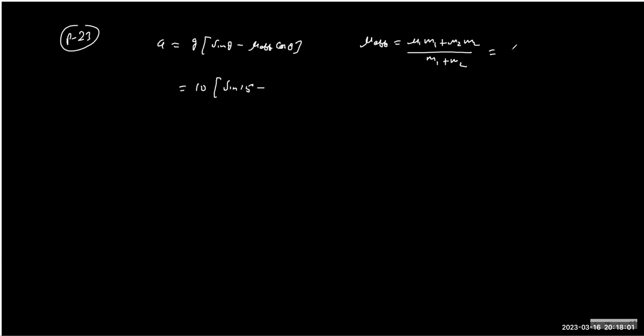You can draw the diagram. My mu1 is the below one, right? Doesn't matter. So what is mu here? Tell me, guys. 0.1, sir. And this is 0.2, right?